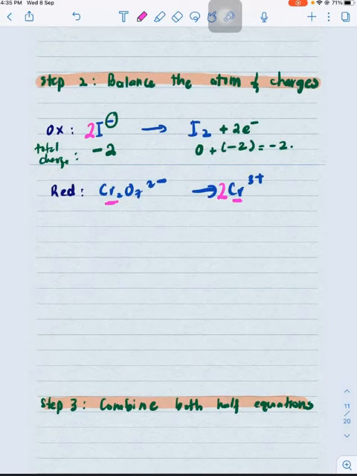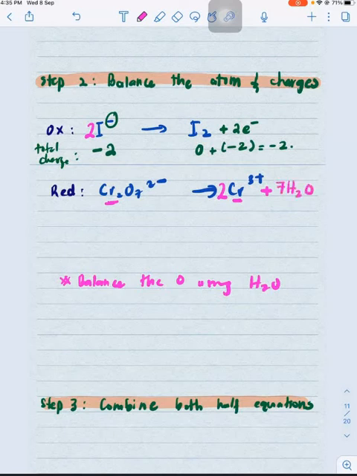7. Ada 7. So in redox reaction, we are going to balance the oxygen by using apa? H2O, water. So kita akan balance the oxygen using H2O. So berapa H2O yang kita perlukan? Biasa kita kena tambah on the side yang kurang lah, yang tak ada atau yang kurang. So dalam kes ni kita kena tambah how many mole of water? 7 mole of H2O. Now the problem is bila kita guna water molecule, kita akan ada hydrogen pula.